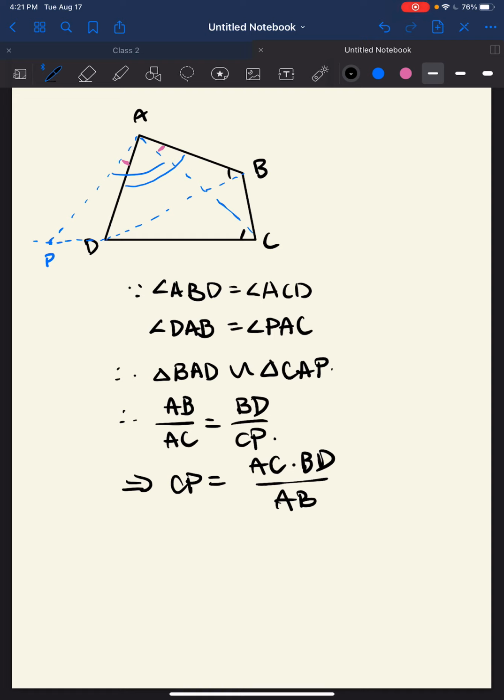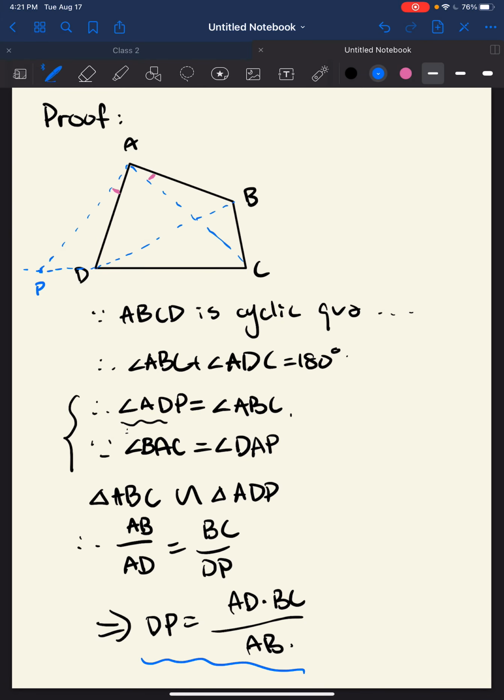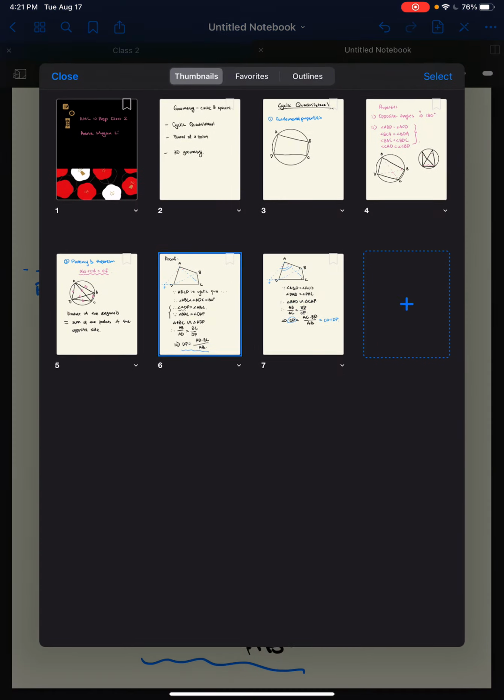And we can see that CP actually equals CD plus DP. And on the previous page, we wrote that DP equals AD times BC over AB.